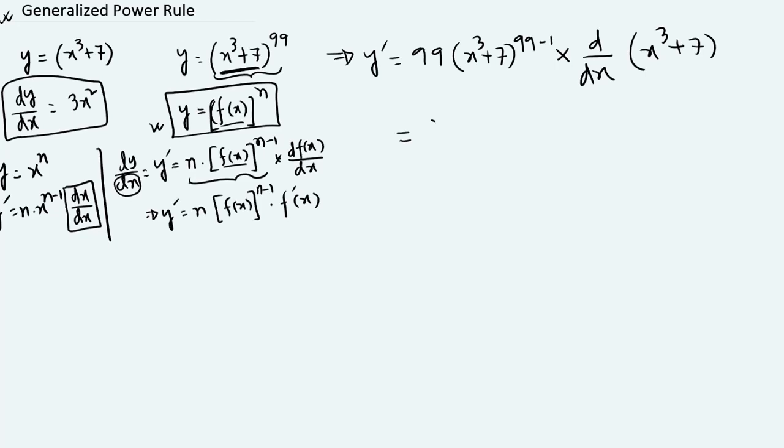So the answer should be 99 (x cubed plus 7) to the power 98 times 3x squared.